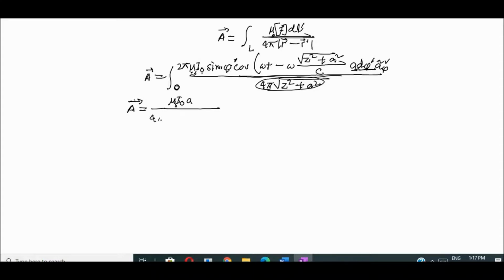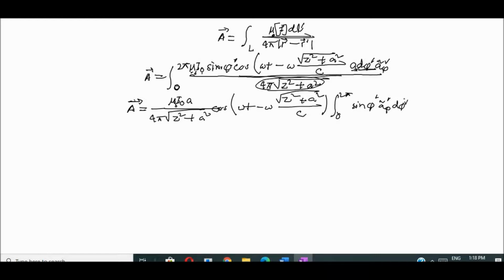So you write 4 pi square root of z square plus a square, and also cosine omega t minus omega square root of z square plus a square over c, and the term that is a function of phi is the integral from 0 to 2 pi of sine phi prime a phi prime d phi prime.